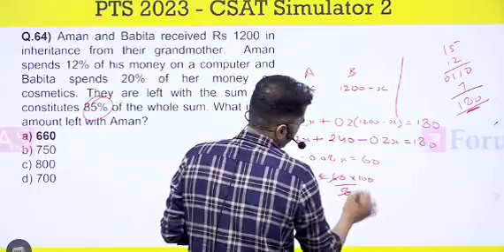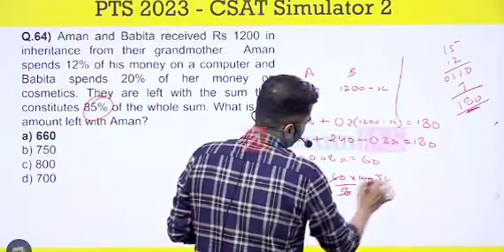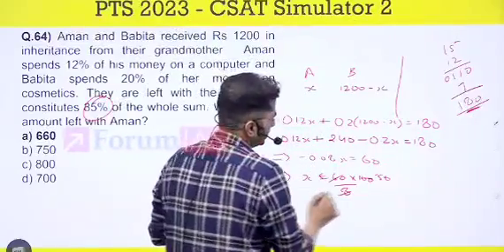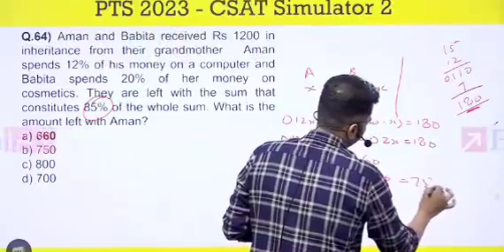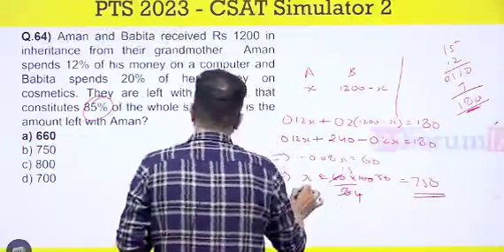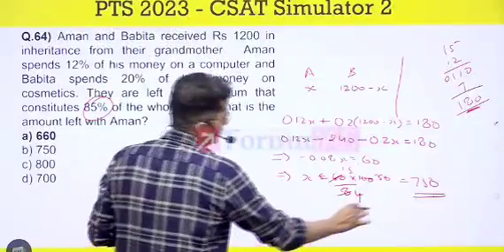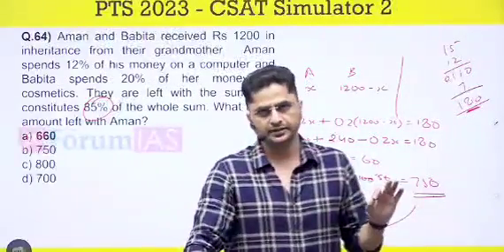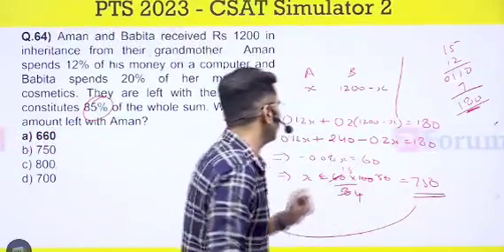Let me make it 50 by 4, 15, 750. So X is 750. Then the amount left is being asked. This person's share is 750 and he has spent 12% of 750. So how much is left? Left is 88%.